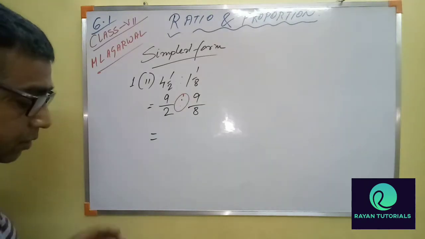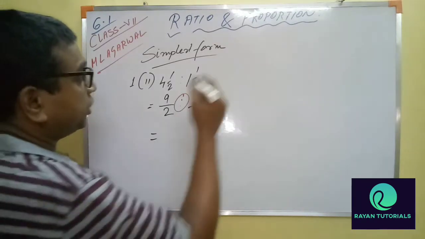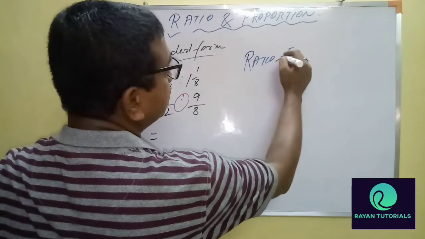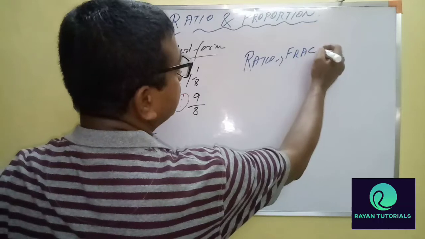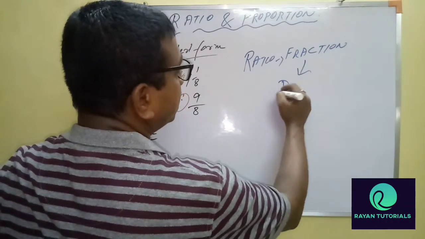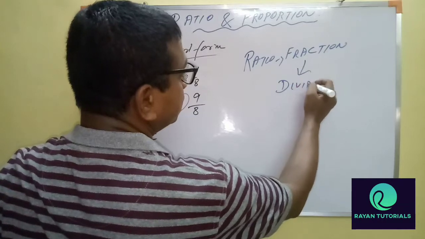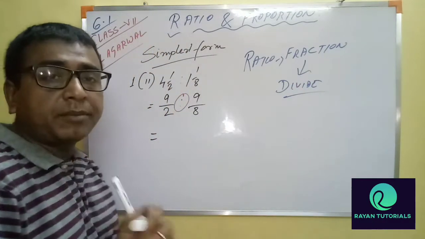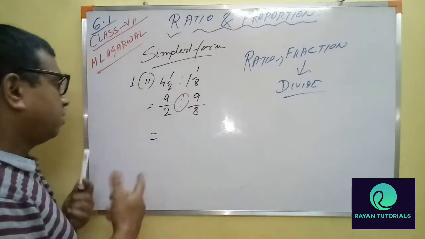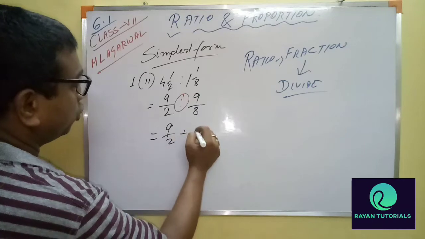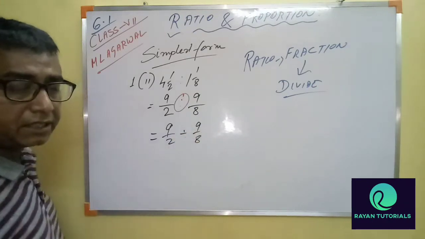What I said: ratio means fraction. Fraction means divide. Right? What does fraction mean? Fraction means divide. Very simple. So divide 9 by 2 by 9 by 8.